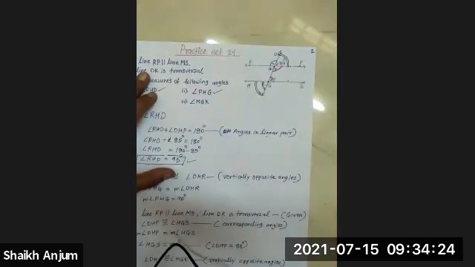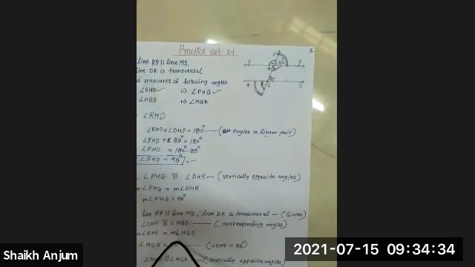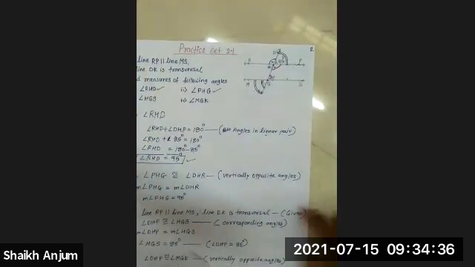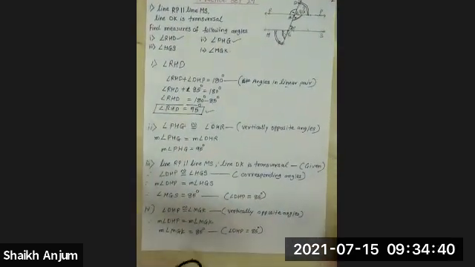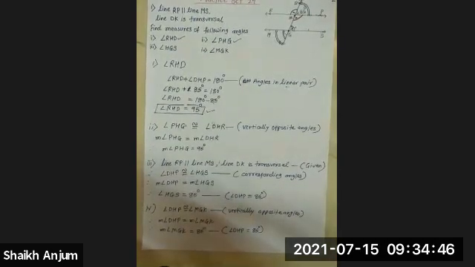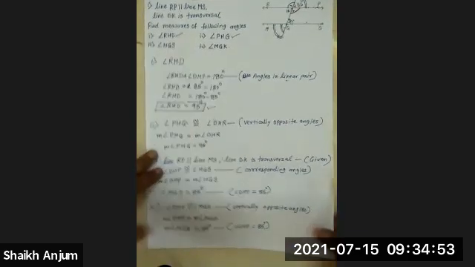Because we learned the property that when one pair of alternate angles is congruent, then another pair of alternate angles will also be congruent. So here is the solution of the first example. Now we will see another example.